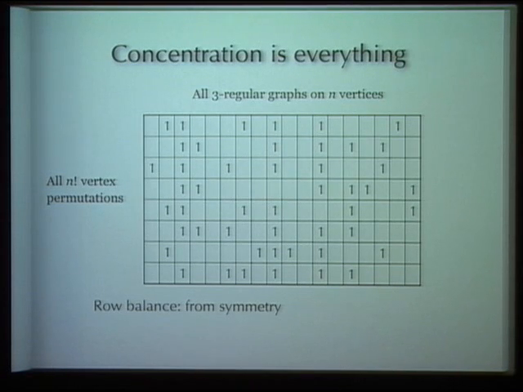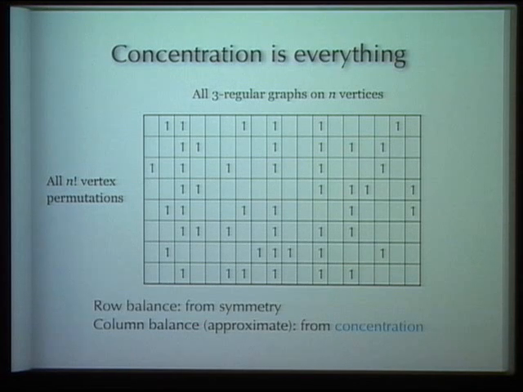Column balance says that all 3-regular graphs have the same number of Hamiltonian cycles. Of course, this is not exactly true. And this is the hard part of their proof, to establish concentration of this random variable. This is a difficult bit. If you can prove this, you're done.